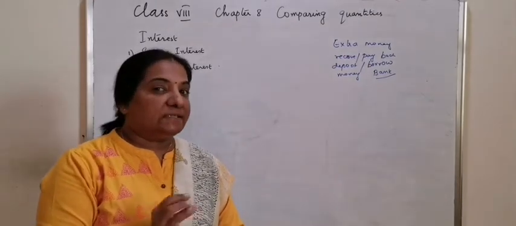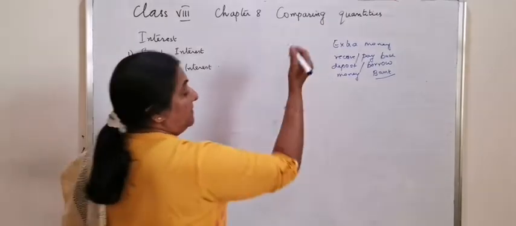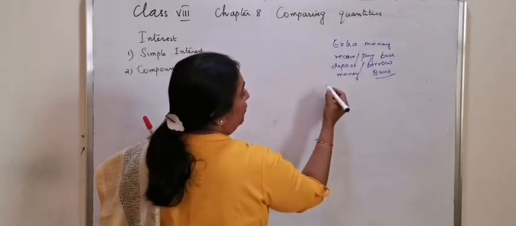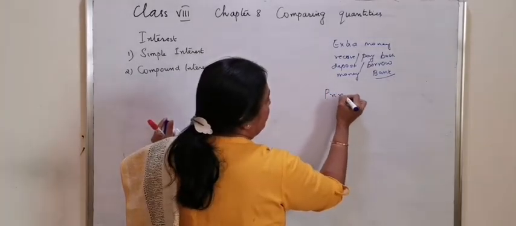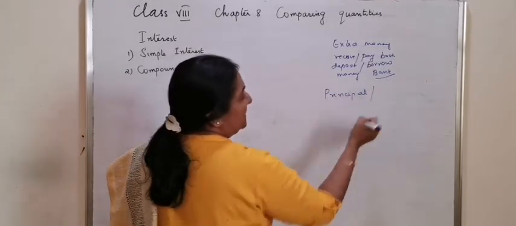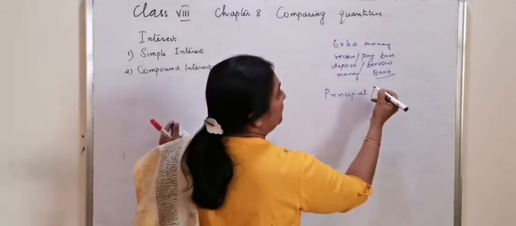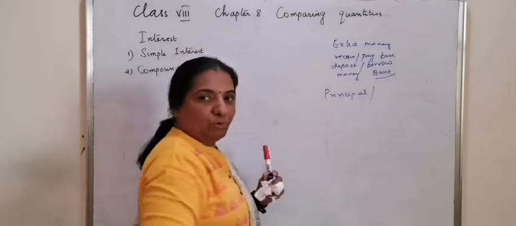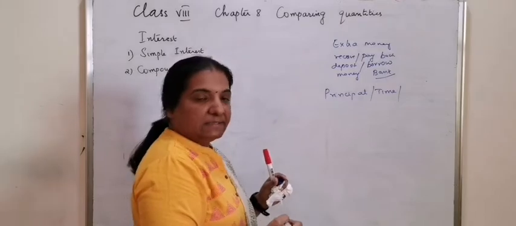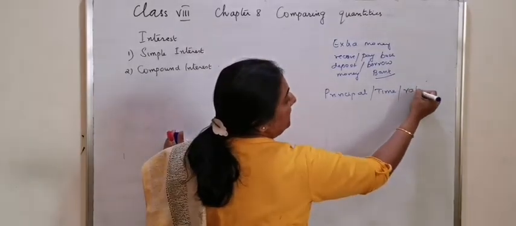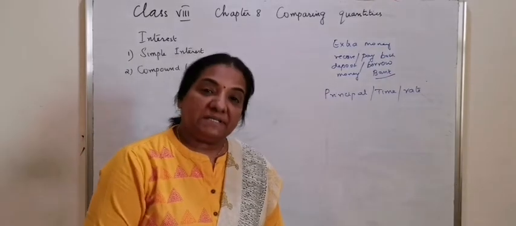Let's review the terms used in simple interest, what you have learned. The money you receive or borrow is named as principal. The number of years for which you are receiving, lending or borrowing money is called the time, and the rate calculated by the bank will always be in a percentage.